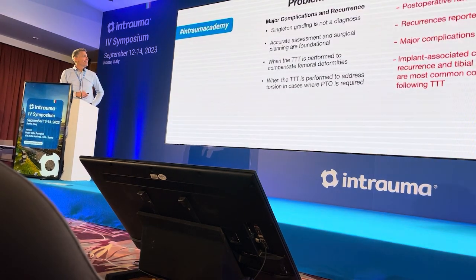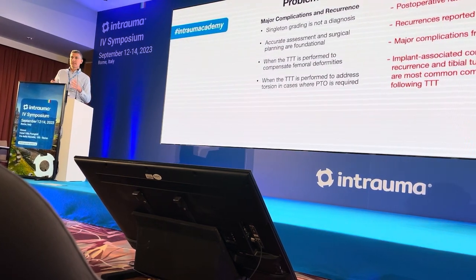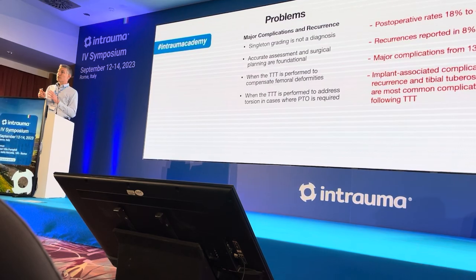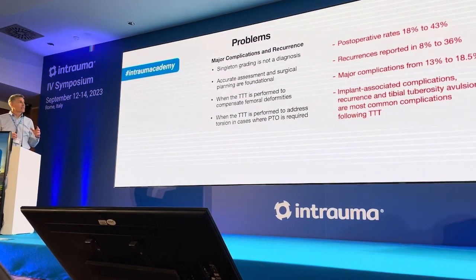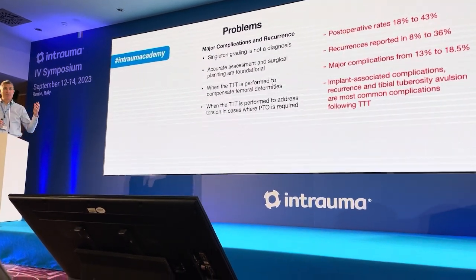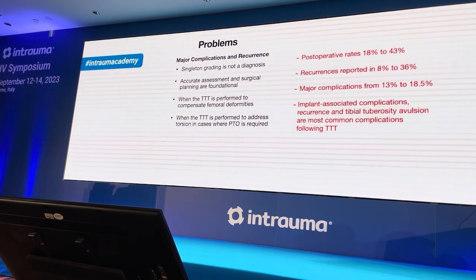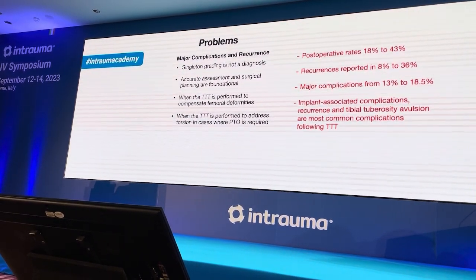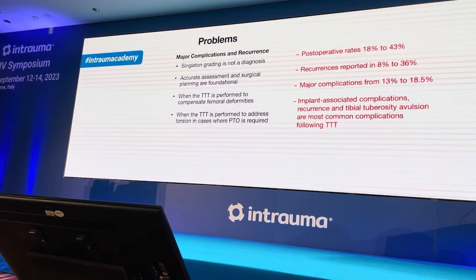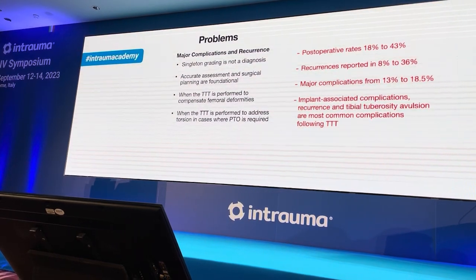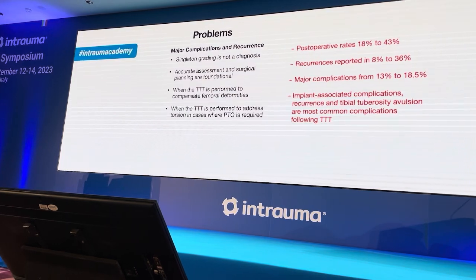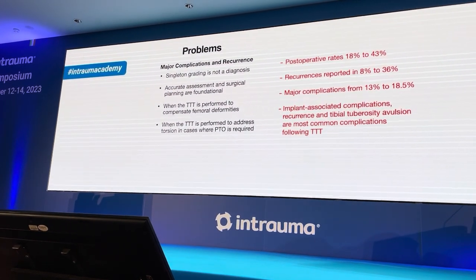Thank you. So if we take a problem and solution approach to traditional TTT, we see that in the literature, reported complication rates are relatively high. Some of those contributing factors are that accurate assessment and surgical planning are absolutely foundational to success, and if these are ignored, it may contribute to high complication rates.